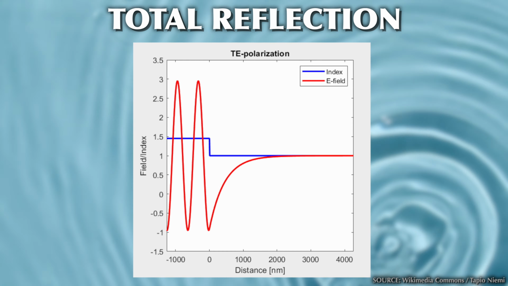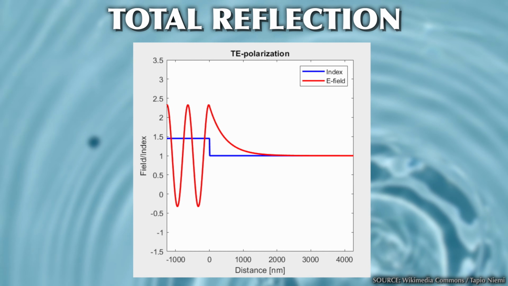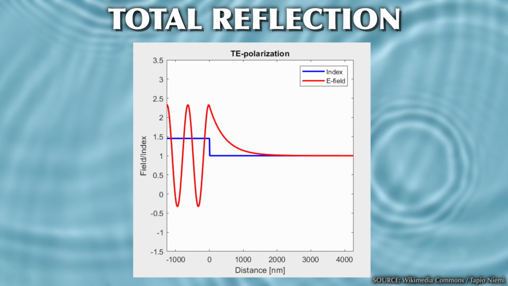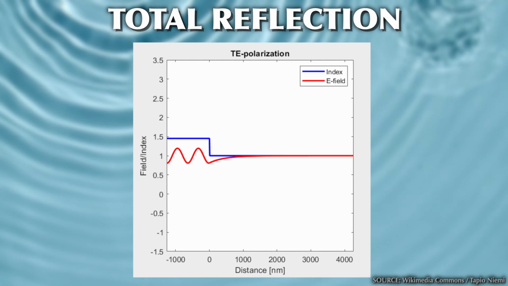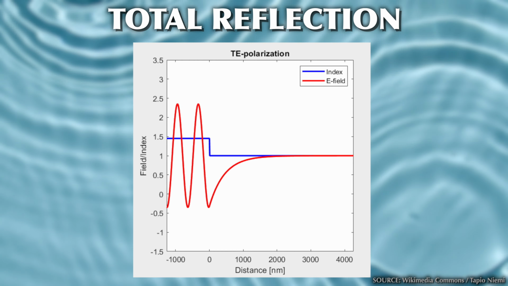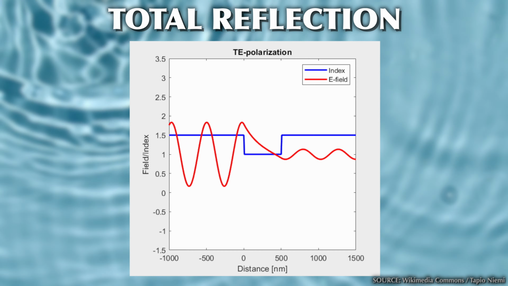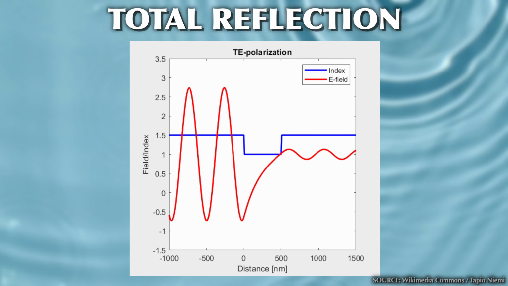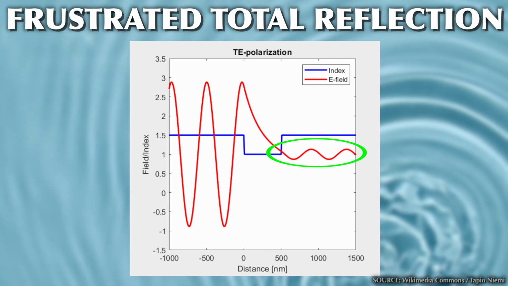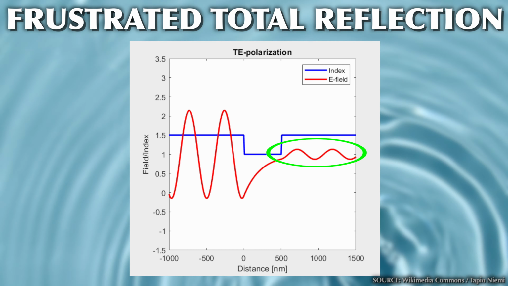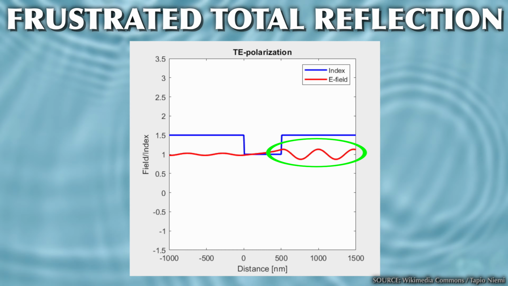So, a totally reflected light wave moving from a piece of glass into air only penetrates for a few hundred nanometers into the air before being totally reflected back into the glass. But if you place another piece of glass within range of this evanescent wave, a small part of it can propagate to the second piece of glass and continue moving there.